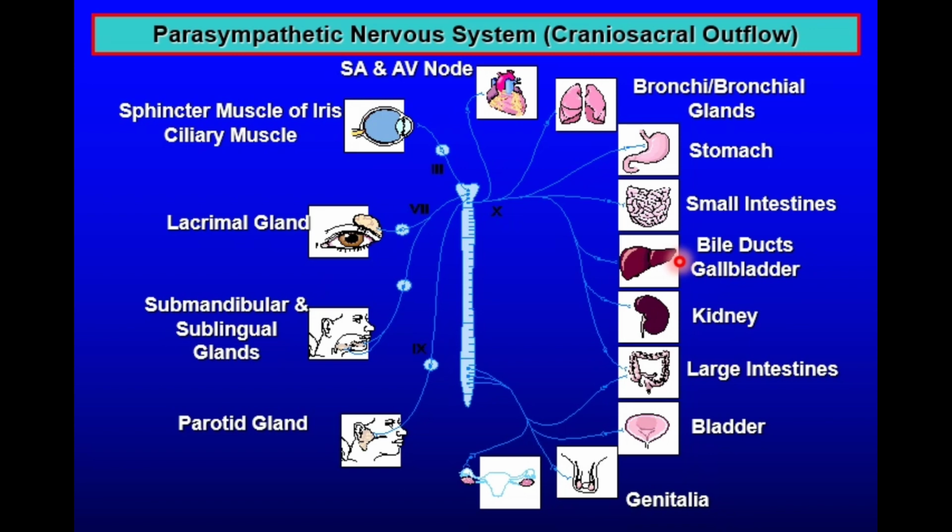Muscarinic receptors are located over the entire surface of effector cells. They are also found on cells that do not receive a cholinergic innervation, for example, ventricular myocardium and the smooth muscle of most blood vessels.